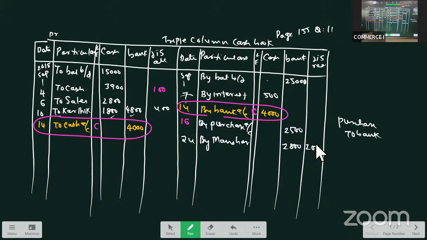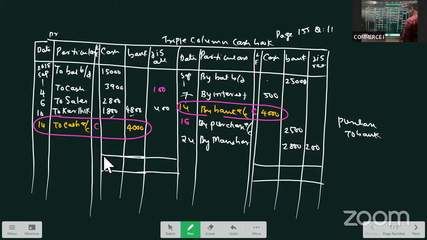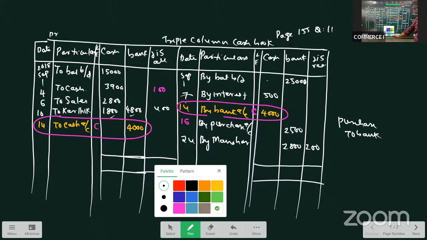Okay, now let us do a very important part, that is balancing. Remember, you are not allowed to use calculator. So you have to learn these additions and subtractions. See what is the total on the cash. As I told you, cash will always show debit balance only.